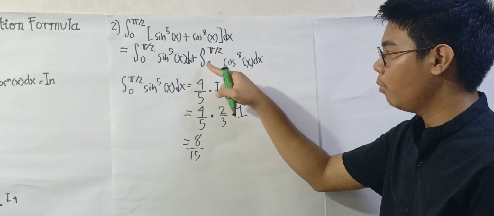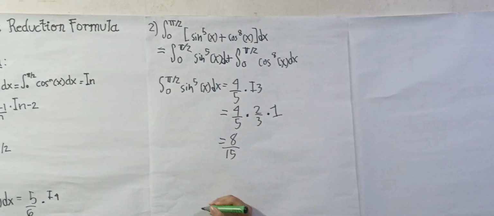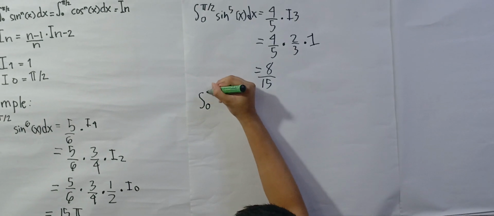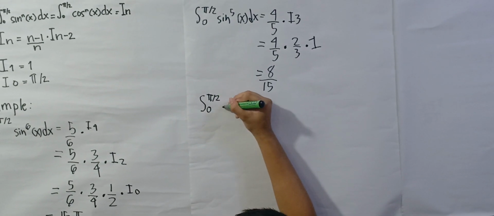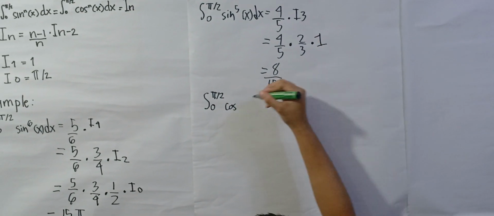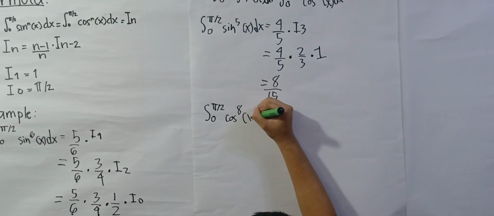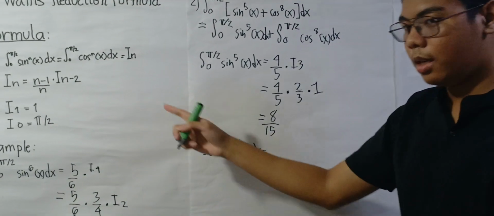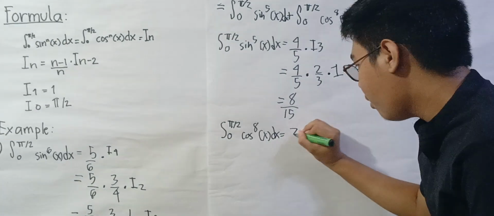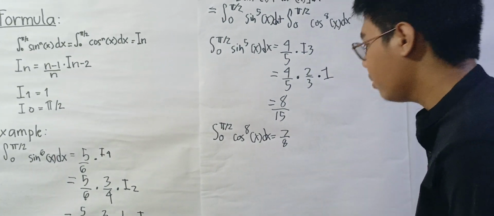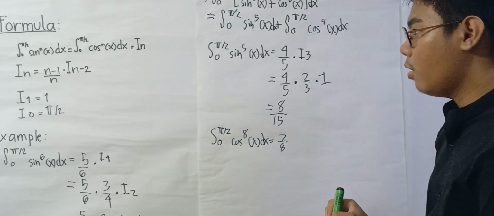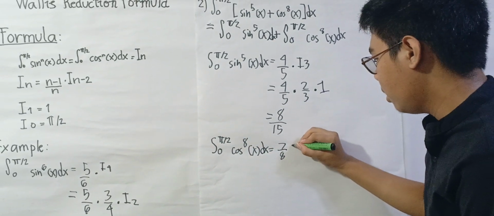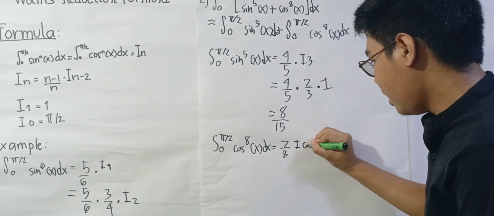On to the second part. The integral from 0 to pi over 2 of cosine 8 of x dx is equal to, following the formula again, we have 7 over 8. 8 minus 2 is I6.